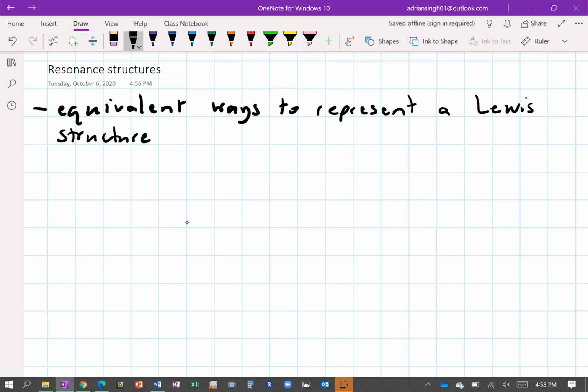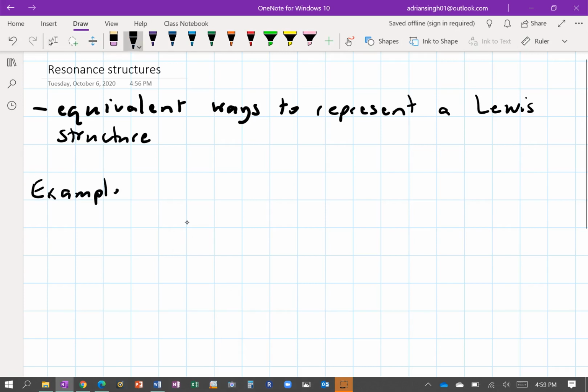When you're able to do that, we call those possible structures resonance structures. In that case, the true structure is not really either one of those. The true structure is actually just a hybrid between them. But in the absence of that hybrid, we can draw either one of those resonance structures, and either one of them would be correct. So let's take a look at an example.